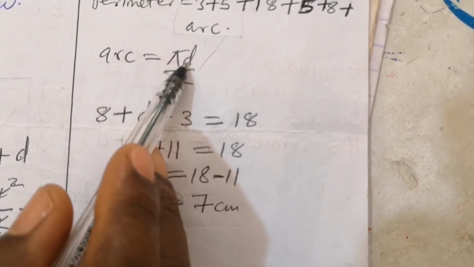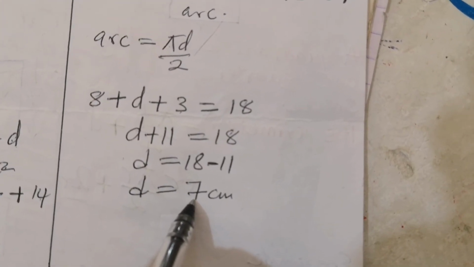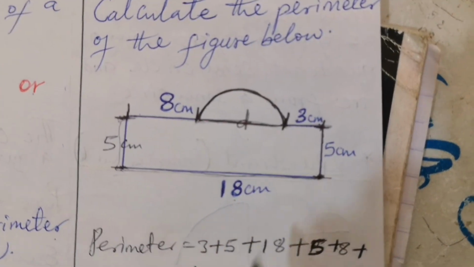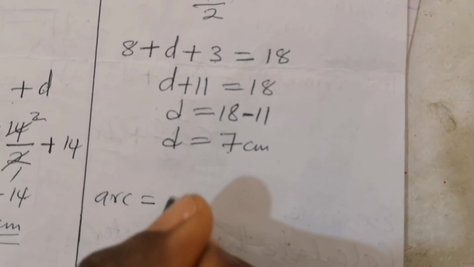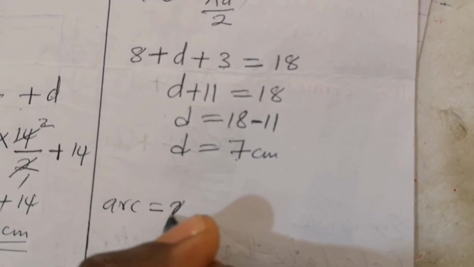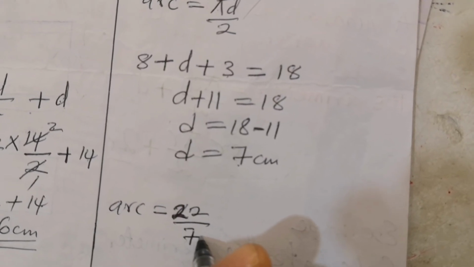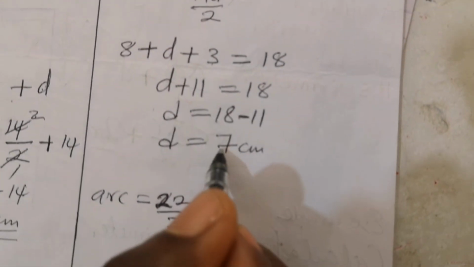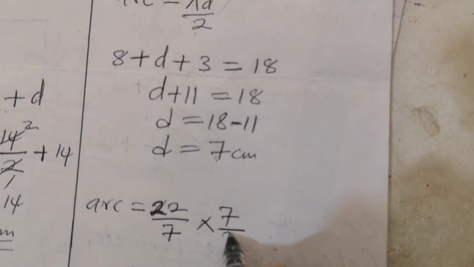Now we are going to put in 7 into this formula. Anywhere we see d, we will replace it with 7 cm, because we want to find this arc. So we say arc is equal to 22 all over 7 times our diameter, which is now 7, all over 2.